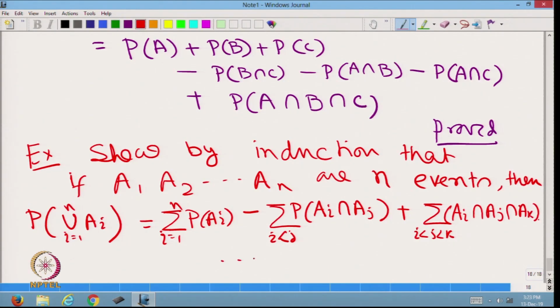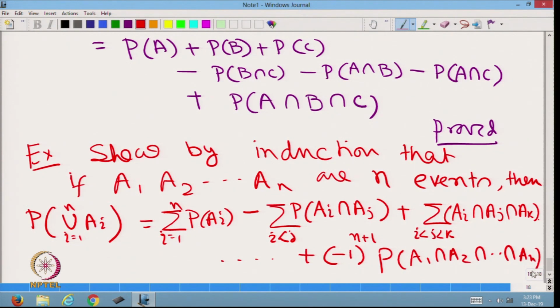and the last term is going to be minus 1 to the power n plus 1 probability of A1 intersection A2 intersection ... An. The proof is simple.